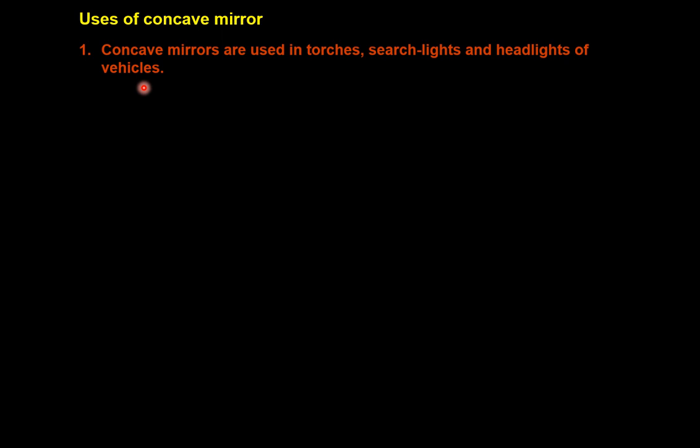Obviously it is a light source, so there will be a bulb present. We fix the bulb with respect to the concave mirror in such a way that the bulb is situated at the principal focus. Now try to recall the image formation: when the object is placed at the principal focus, the image will be formed at infinity. And whenever I say infinity, it means the reflected light rays will be straight and parallel.